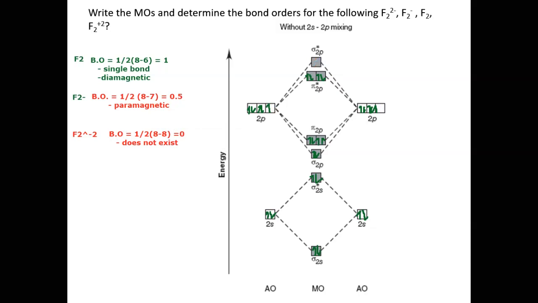All right, now let's look at F2 2 plus. To get F2 2 plus, we have to remove 2 electrons from the atomic orbitals. So I'm going to remove 1 from here and 1 from here.